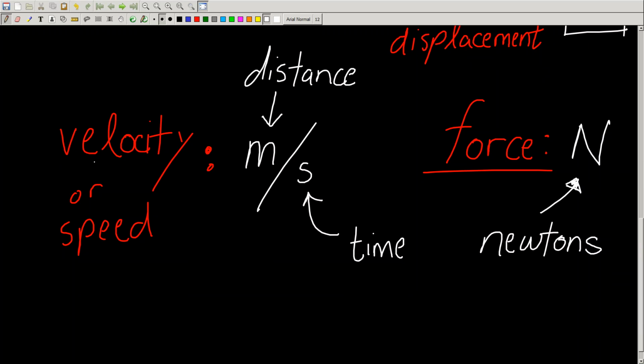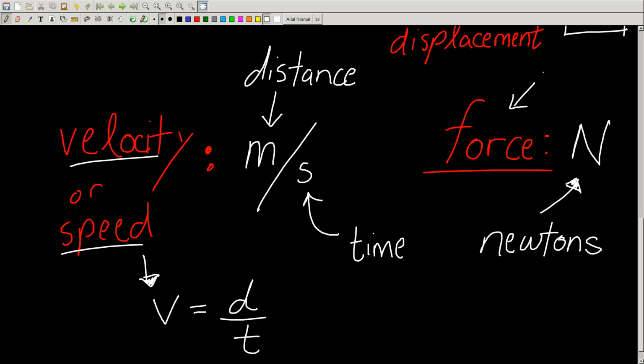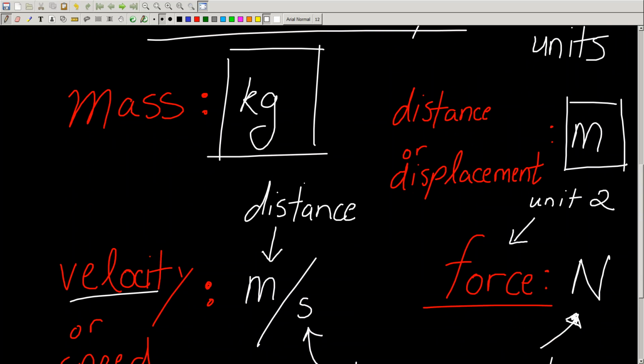As I mentioned, we'll have to calculate velocity or speed. The equation that we're going to see later on is going to be v equals d over t. Force is going to be in unit 2, and that's where we're going to introduce Newton's laws and free body diagrams as well, and things like that.